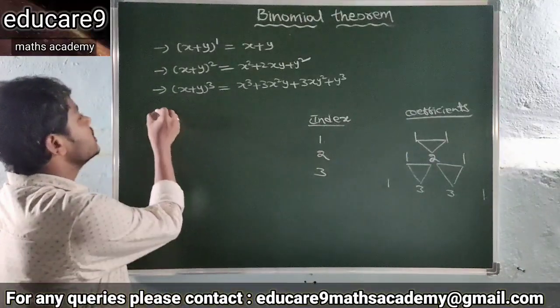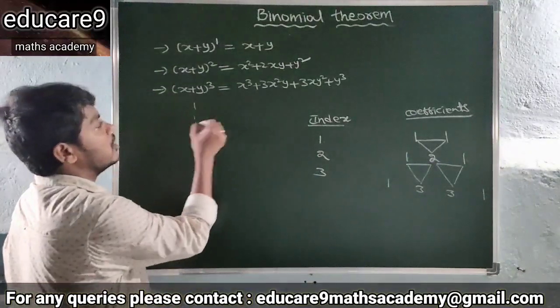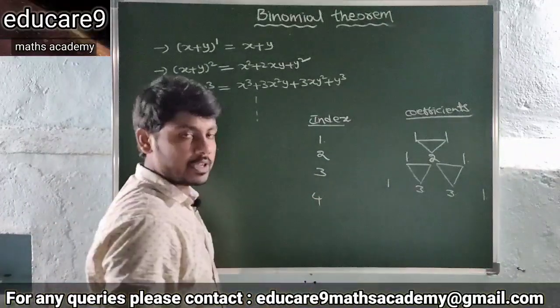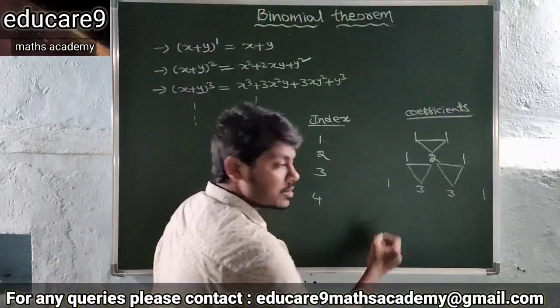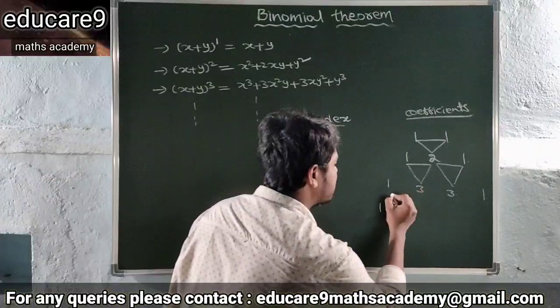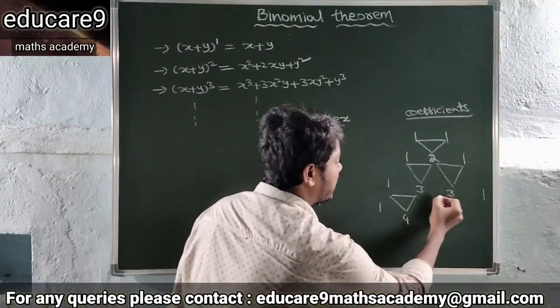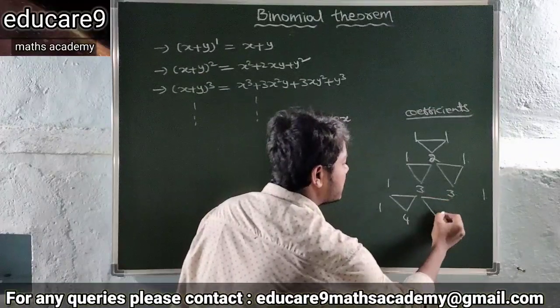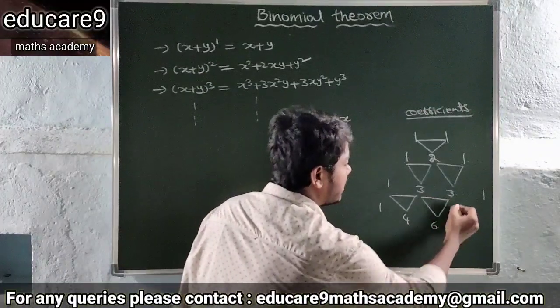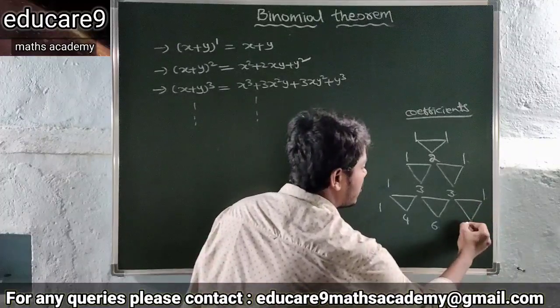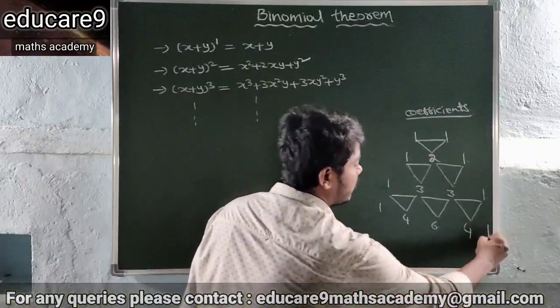Now similarly, if index is 4, then how to write the coefficients? See here, 1 plus 3, that is 4, and 3 plus 3, that is 6, and 3 plus 1, that is 4 and 1.